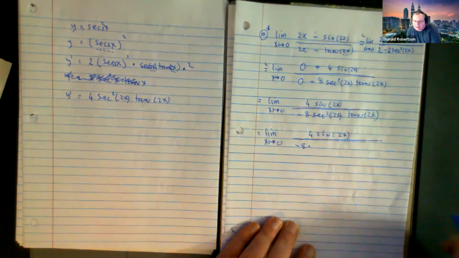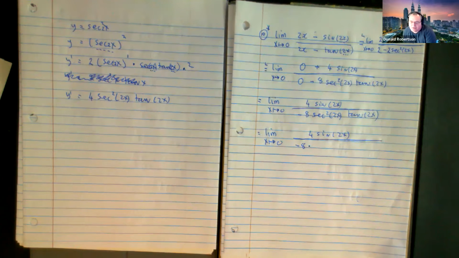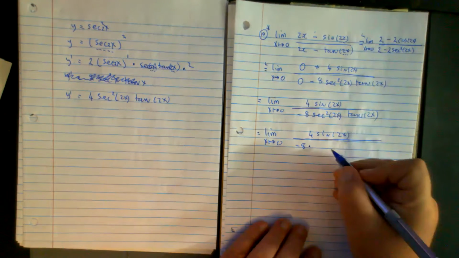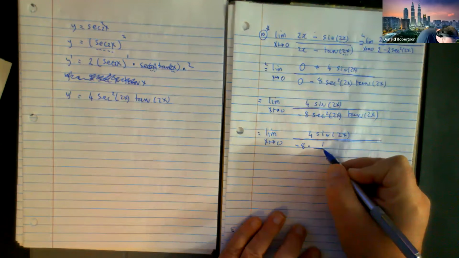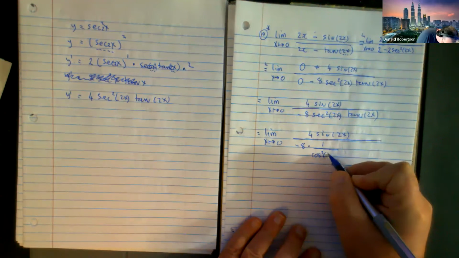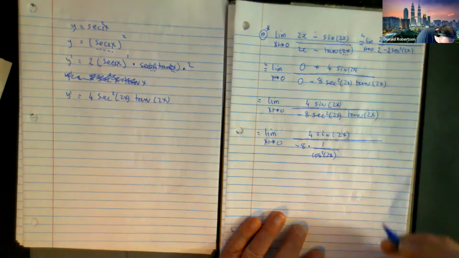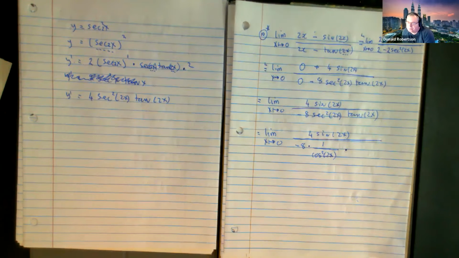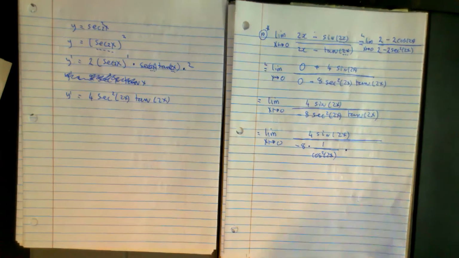Can someone tell me a different way to write secant squared? 1 over cosine squared. Right, so how about 1 over cosine squared? Can anybody think of a different way to write tan x? Sine over cosine.